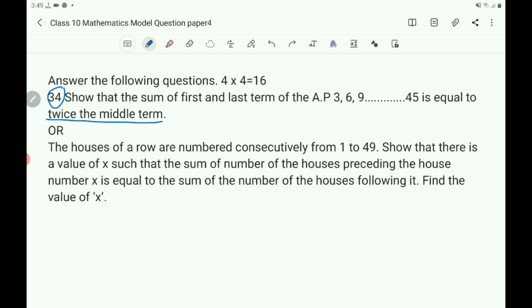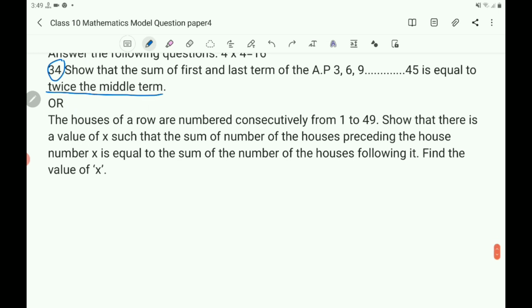So let us find the solution here. What is the AP? AP is 3, 6, 9, and so on to 45.